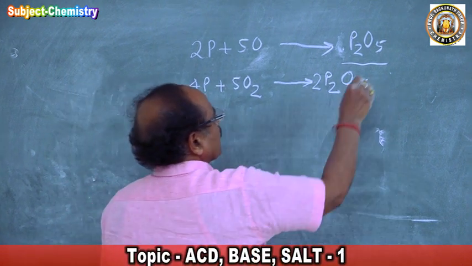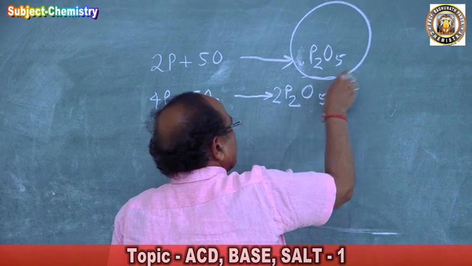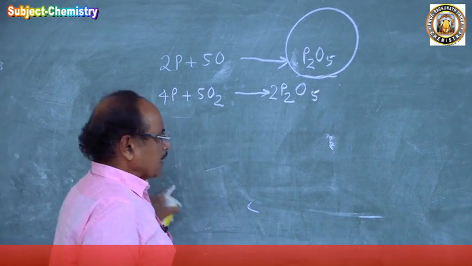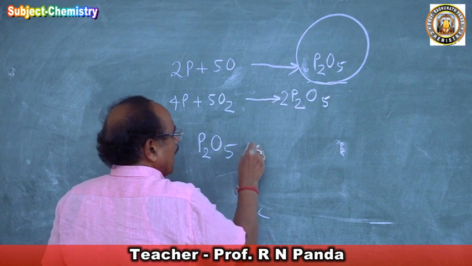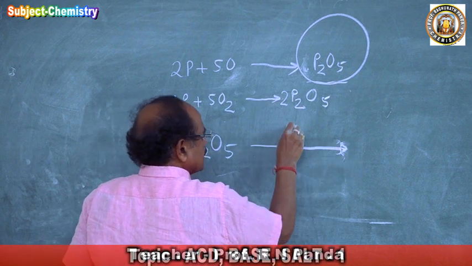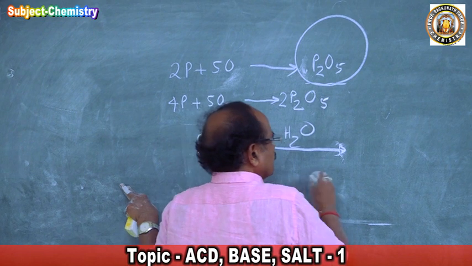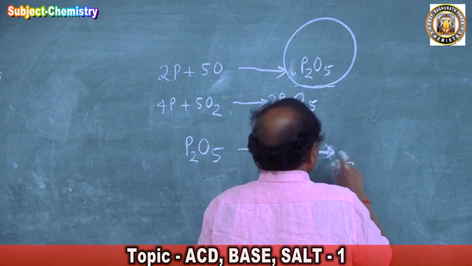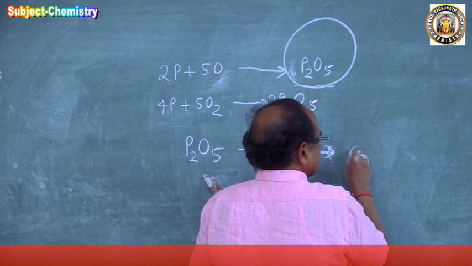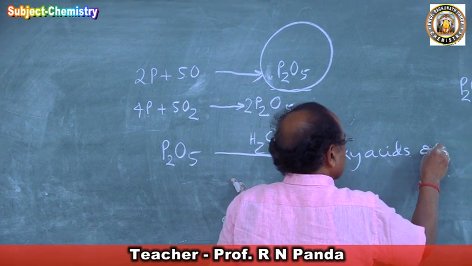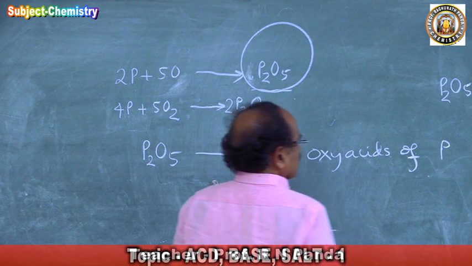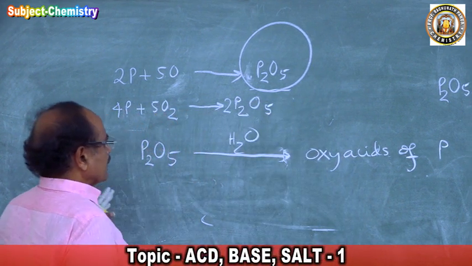So this phosphorus pentoxide is an acidic oxide. How? If you take P2O5 and add water, this will form the oxy acids of phosphorus.